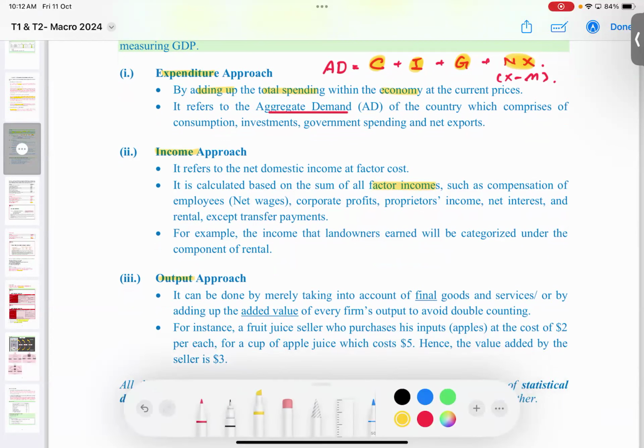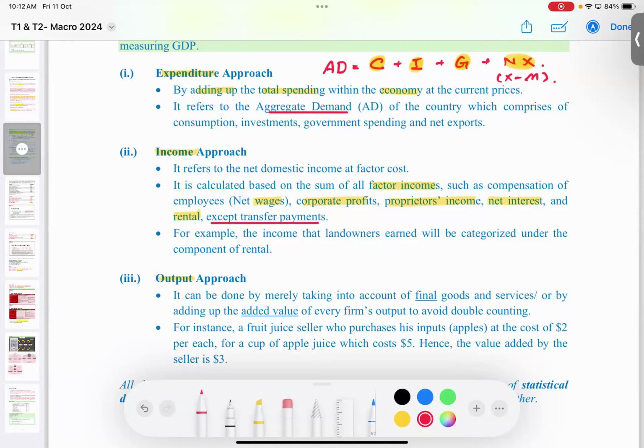Like the wages of employees, corporate profits, sole traders' profits, net interest, rental, anything except transfer payment. I do not add on transfer payment. Why?